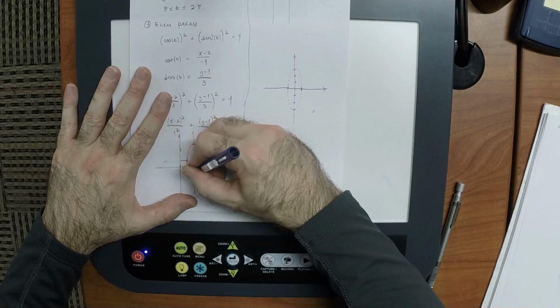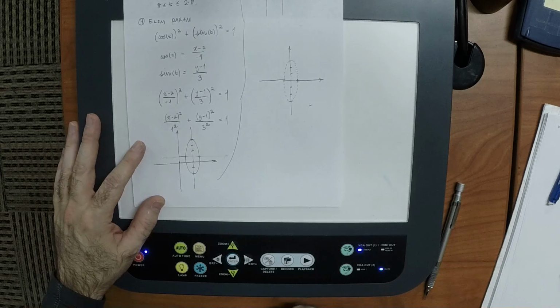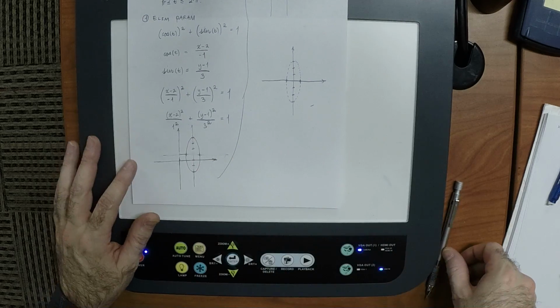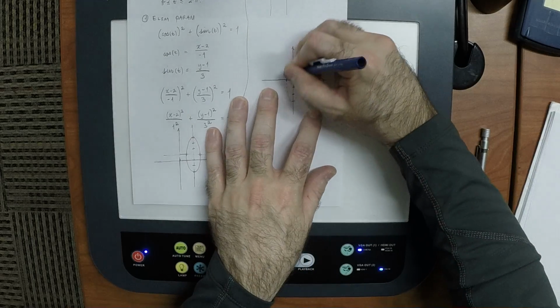Glad I did it in pencil. That's a little better. So it's actually up there like that. Okay, good. And this one needs to be fixed too, but this one's easier because it's all in pencil.